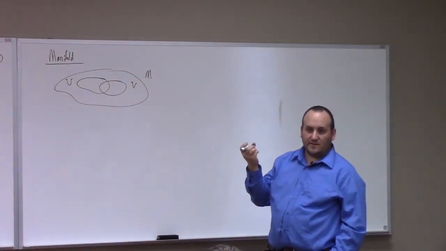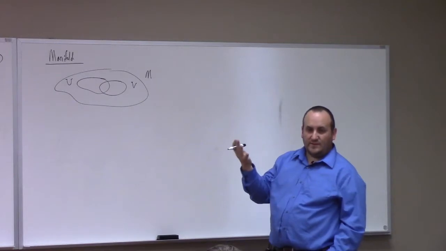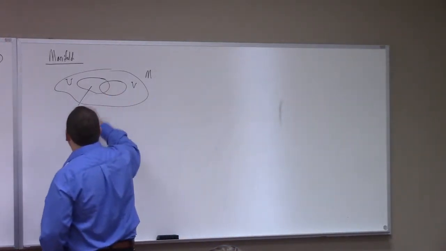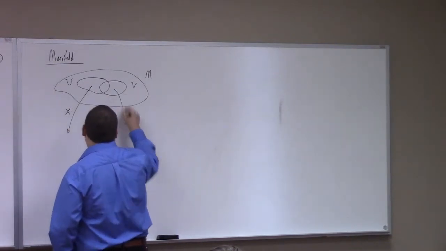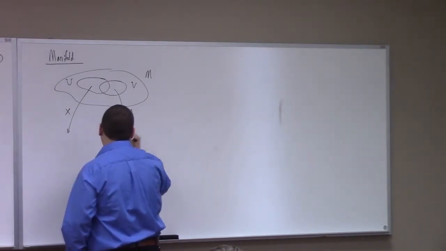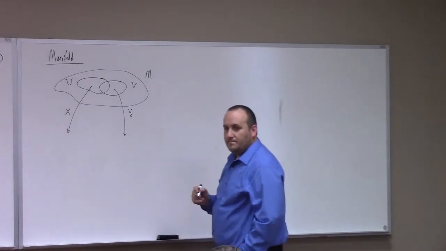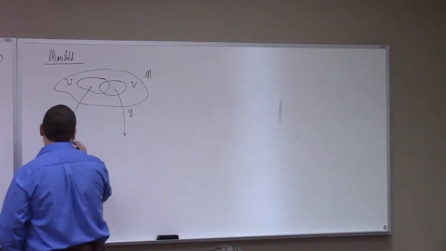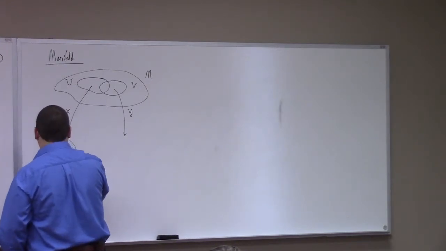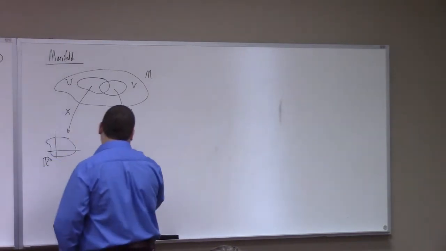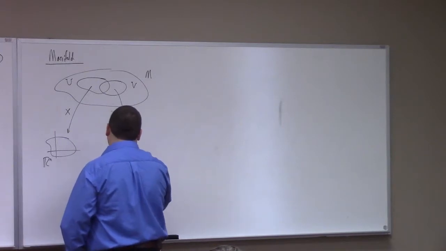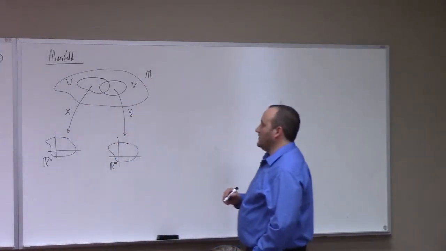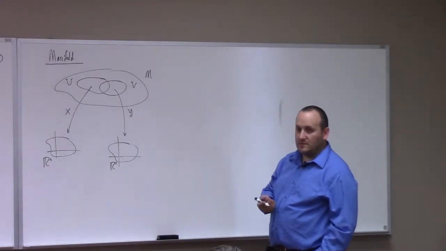Each one of these charts comes with a system of coordinates, and the typical notation would be something like x and y. Those will be mappings down to Rn. Maybe I should use Rk, but I'll use Rn. So I'm talking about an n-dimensional manifold.